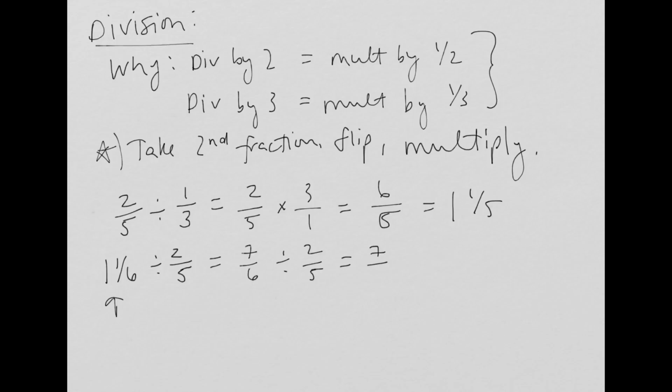Dividing by 2/5, exactly the same as multiplying by 5/2. Multiply straight across, so I get 35/12. I don't think we have any common factors there, so I'm going to leave it as is. If you want to, you could convert this to mixed. How many times does 12 go into 36? Well, I think just 2, and then you have 11 left over. Again, that part's a little bit extra, but it's okay.